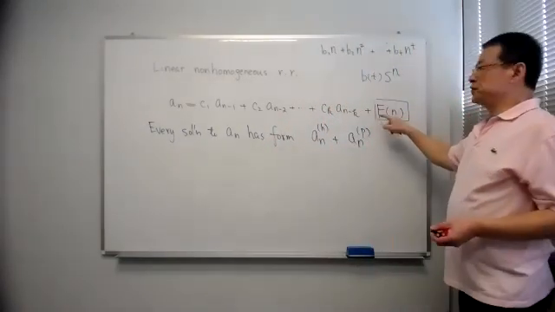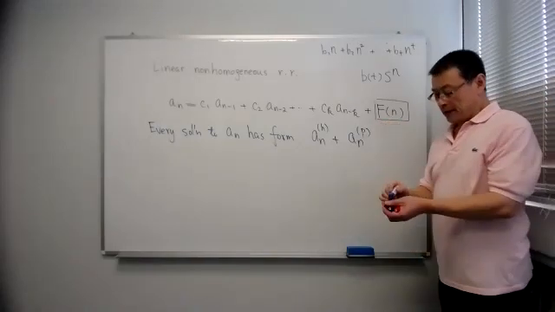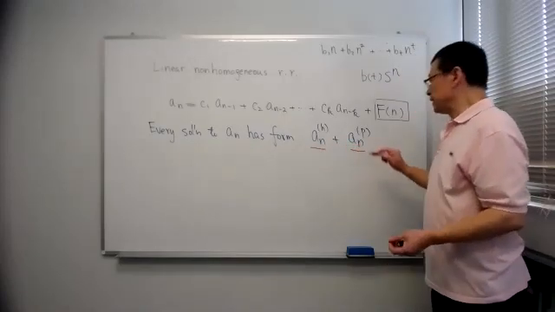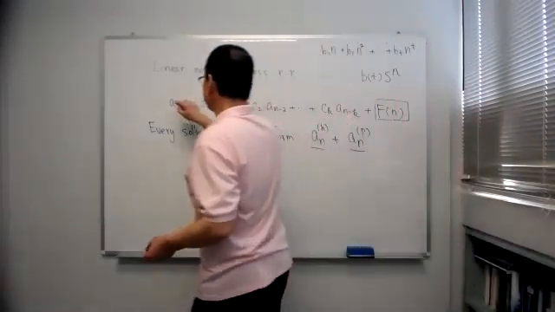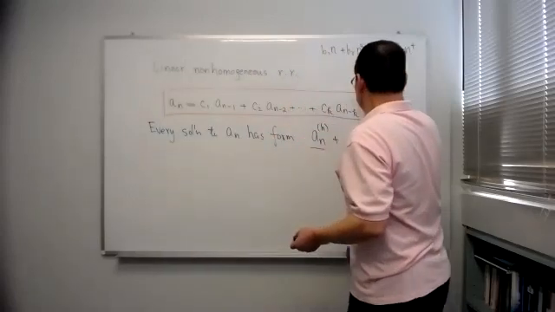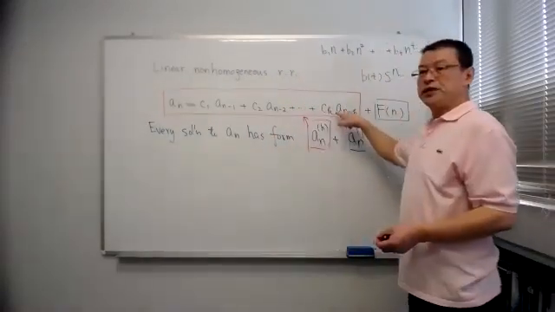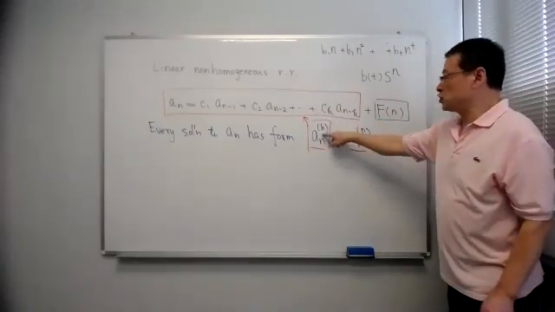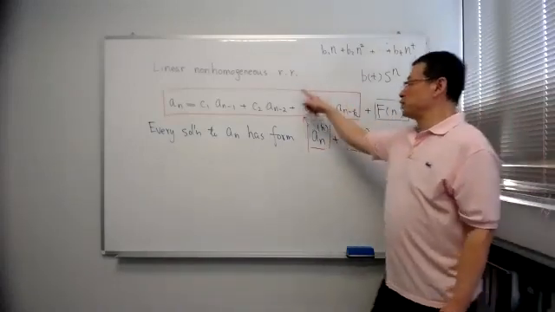Any solution to this difference relation has a form that consists of two parts. This one is a solution to the homogeneous part, which we know how to solve. That's why we use H here. And then there is a particular solution for the whole thing.